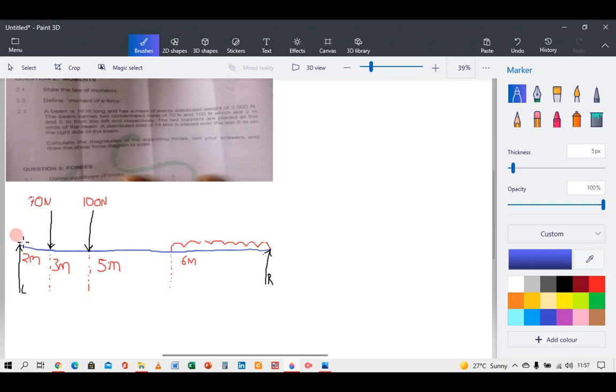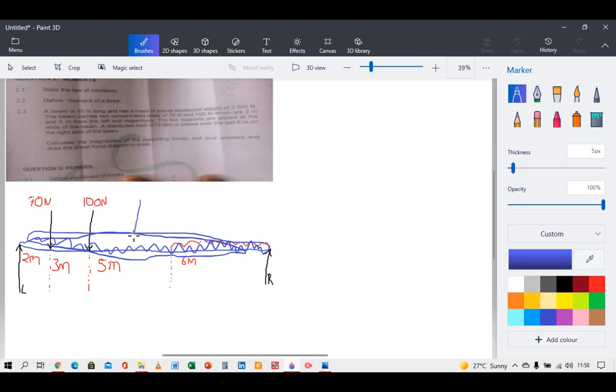By so means they are trying to tell you that this distributed load is distributed over the whole beam, right? You understand? So since it is given in weight, it is not Newton per meter.